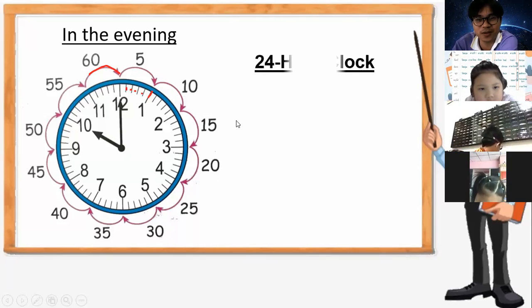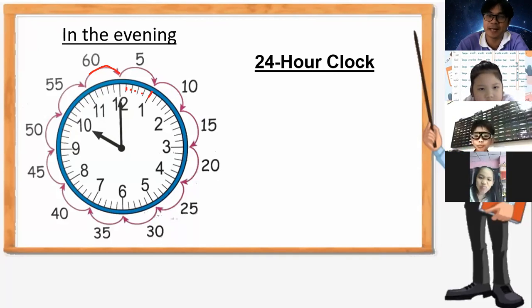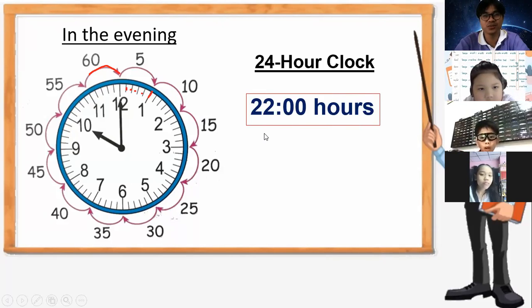This is in the evening, night time. Using the 24-hour system, the time is 2200 hours.